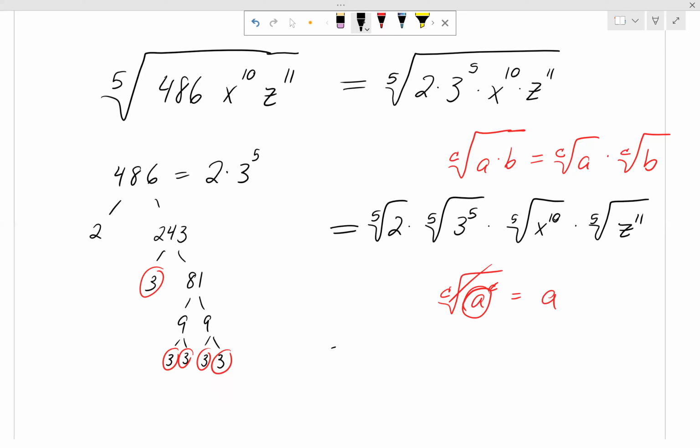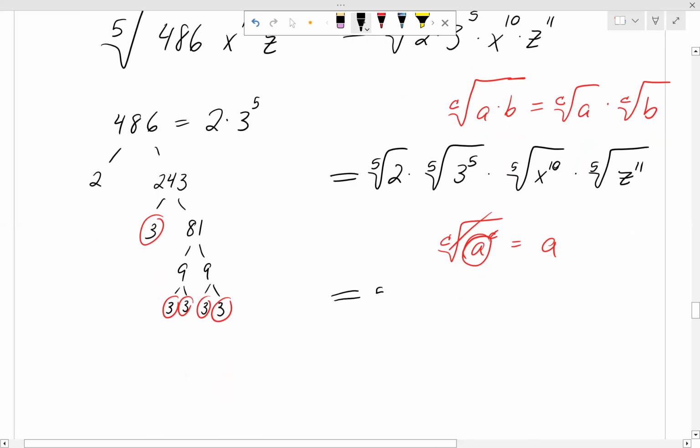In the first term, the fifth root of 2, there's nothing to the fifth power, so I just copy that: the fifth root of 2. But in the next term, the fifth root of 3 to the 5th, the 5th power and the fifth root cancel each other out, so we're just left with 3.